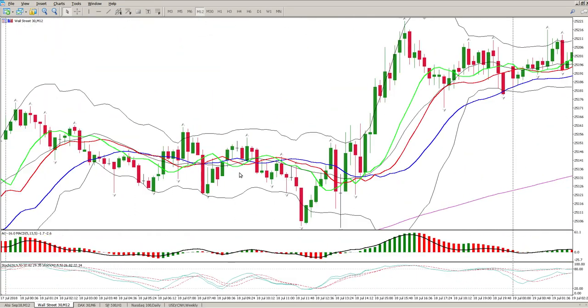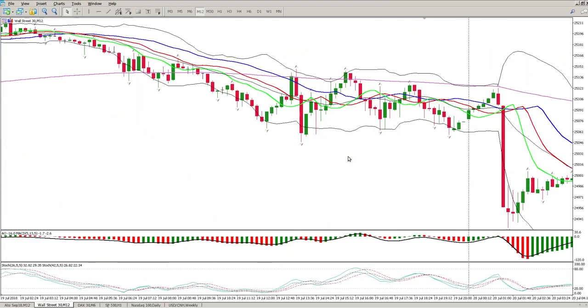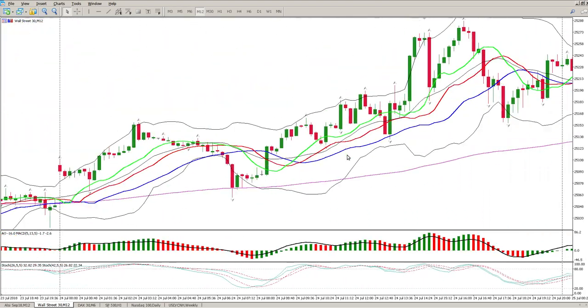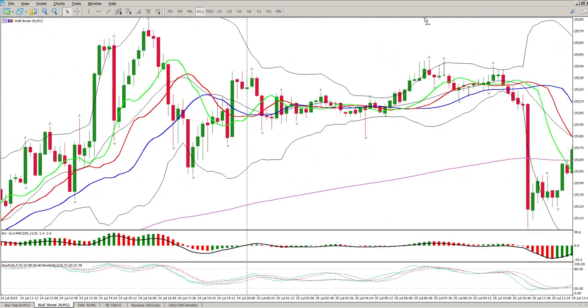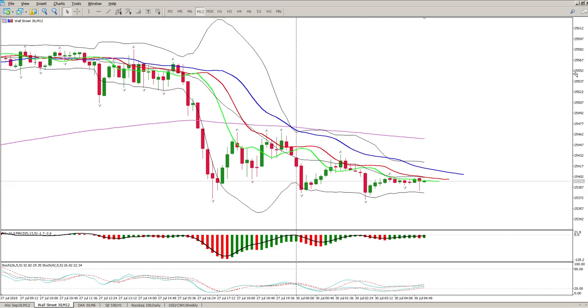If it's something like this, you could find some volatility and then a quick move to the upside. Just remember, there's a lot of central bank meetings and earnings coming out this week. So there's quite a bit of news, so there could be some more volatility coming.